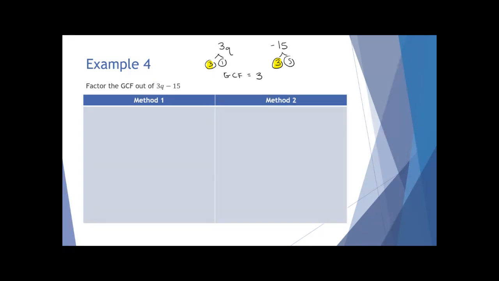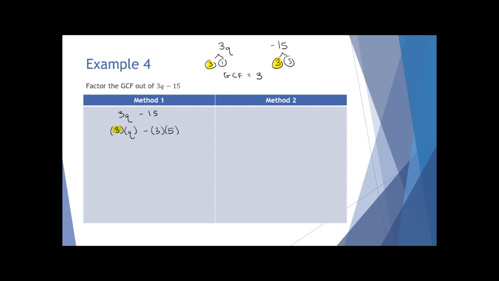So what method 1 means is that you start with 3q minus 15, and then you rewrite it so that the 3, the greatest common factor, is clear. So you can rewrite it as 3 times q, with parentheses, minus 3 times 5, because that gets you 15.